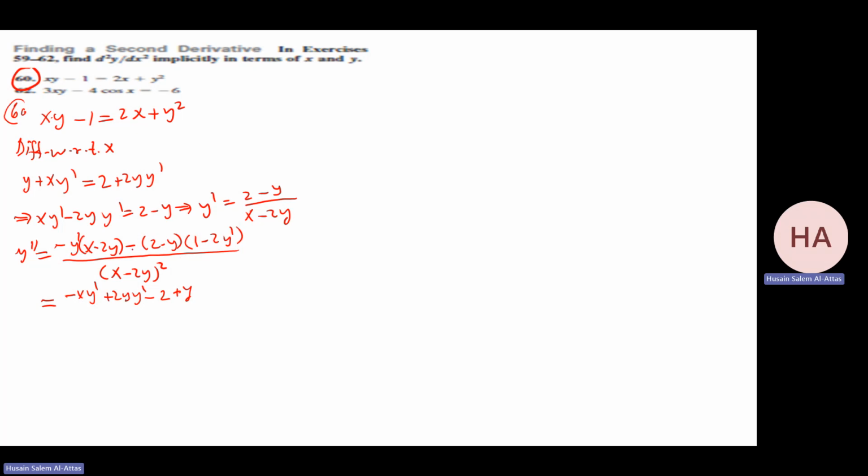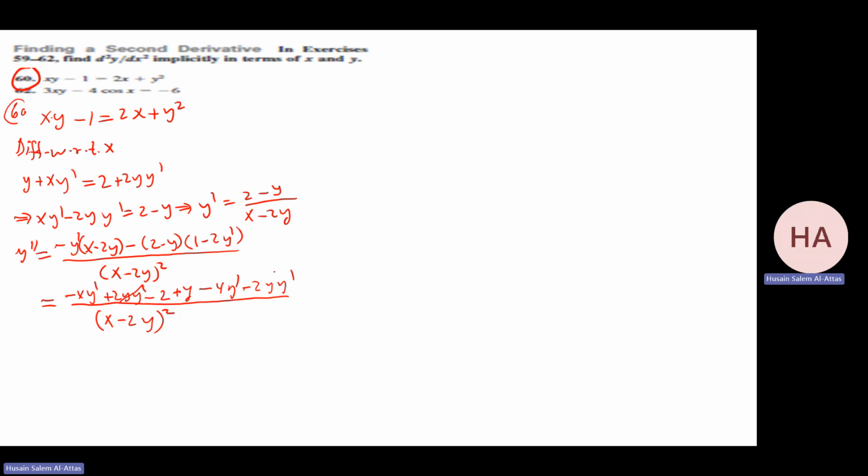This is plus 1 minus 2 times minus 2y prime, this is minus 4y prime, all over x minus 2y all square.